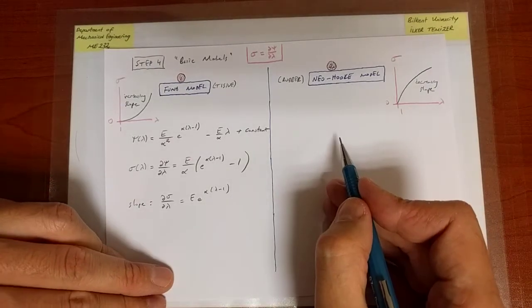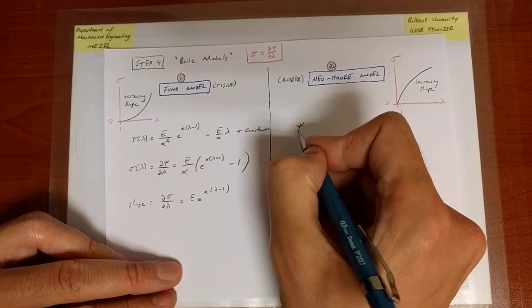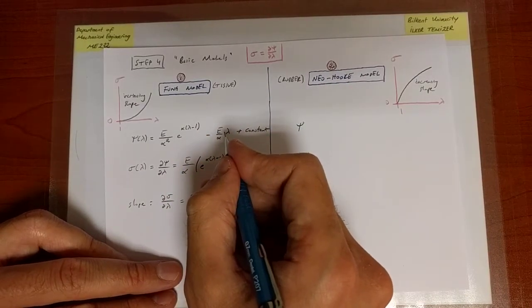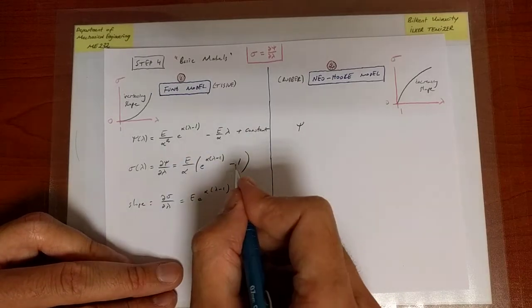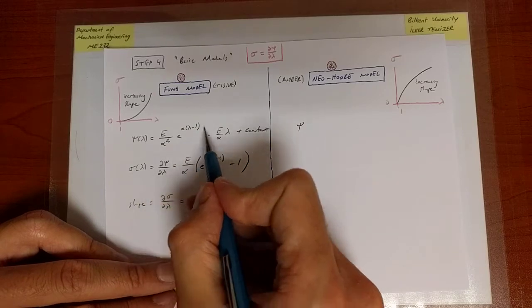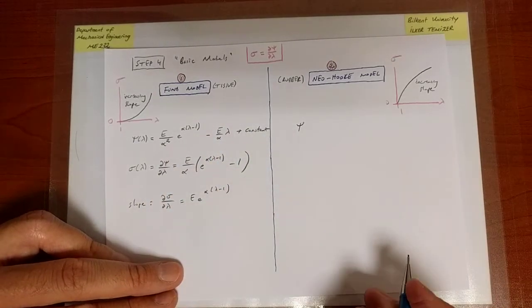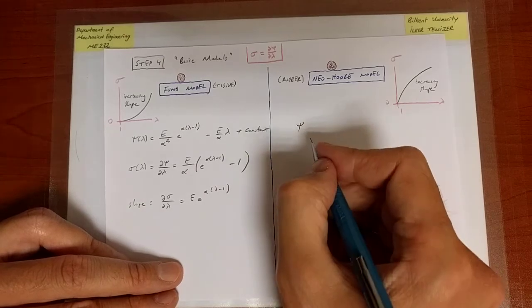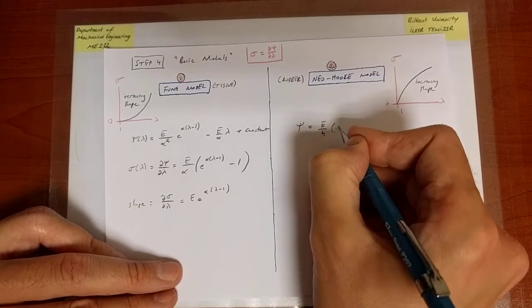Now, in the case of the neo-Hooke model, it's a different function that we're going to write. In this case, we had some linear contribution, certainly, that serves the purpose of setting the stress to a value of 0 when lambda is equal to 1. The dominating term, therefore, is really this part over here, which is exponential. It's much more than a quadratic. So here, we will also have much more than a quadratic. We do start off with a quadratic term.